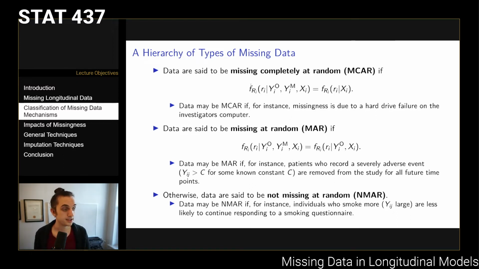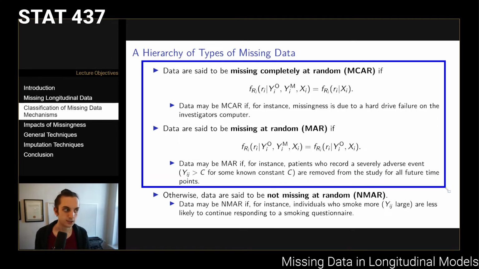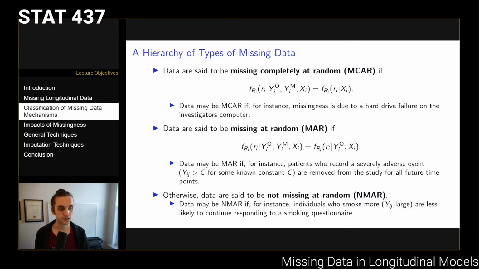If they're not completely at random, then we hope that they're missing at random, and otherwise, we're left stuck with dealing with data which are not missing at random. And so we're going to think about those as 3 layers. And also, for the most part, we're really only dealing with completely at random or at random data, not because those are the most common, but because those are the ones that we can address the best, right? So, out of necessity.